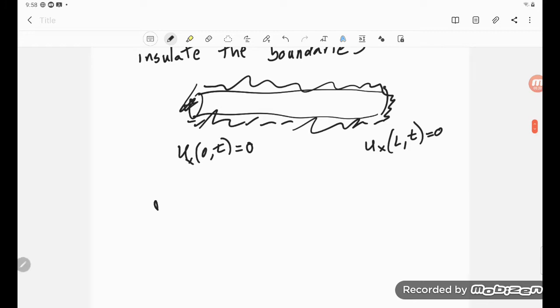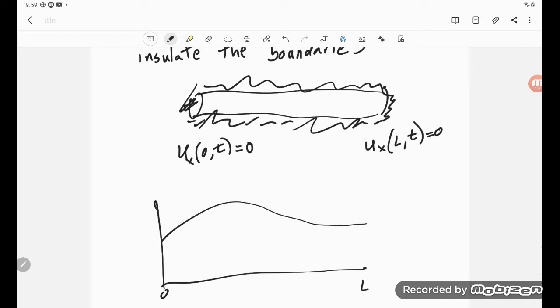Well, you start out from 0 to L, and you start out with some initial condition, and here's t equals 0.